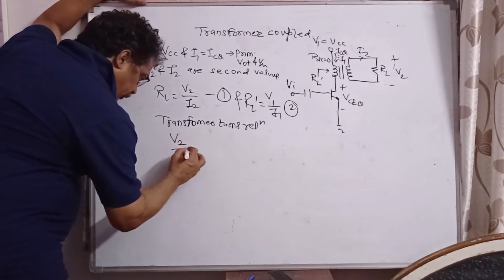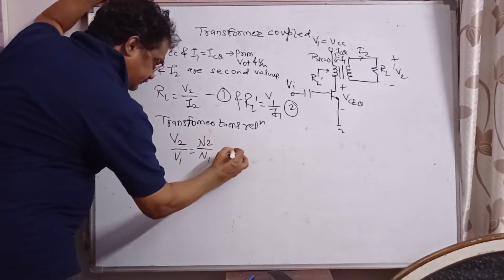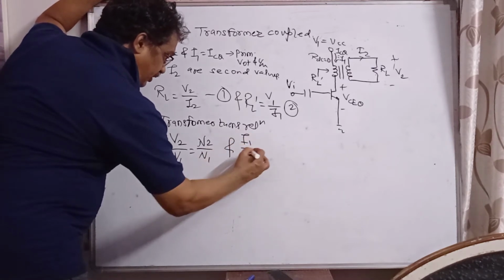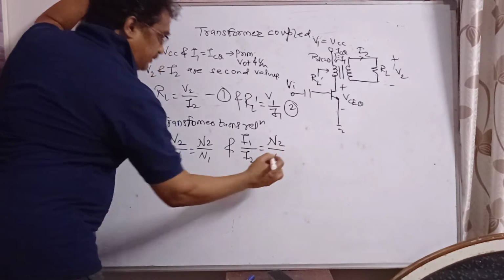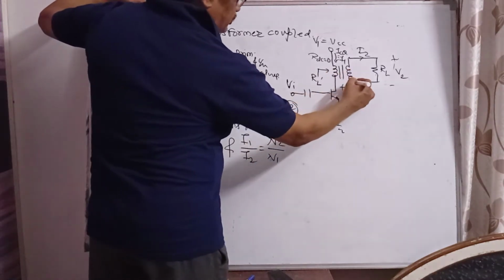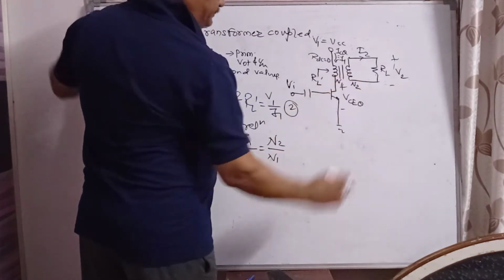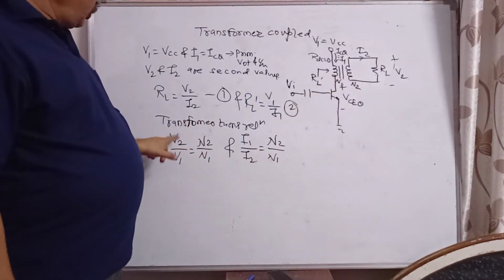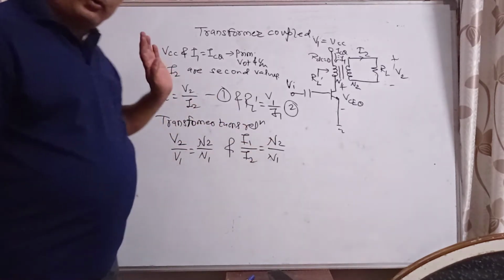V2 upon V1 is equal to N2 upon N1, and I1 upon I2 is equal to N2 upon N1. N2 is the number of turns on the secondary, N1 is the number of turns on the primary. So V2 upon V1 is N2 upon N1. For current it is reversed: I1 upon I2 is equal to N2 upon N1.